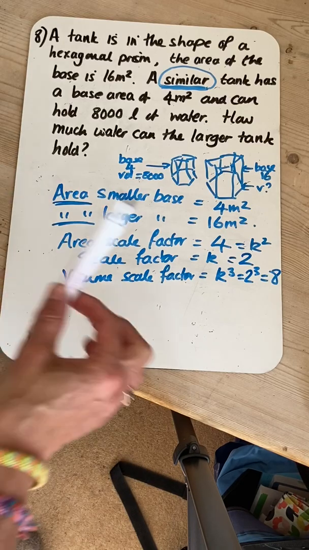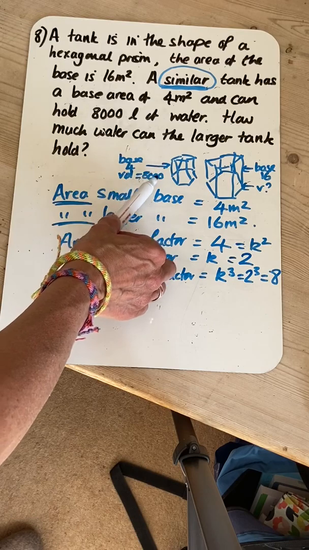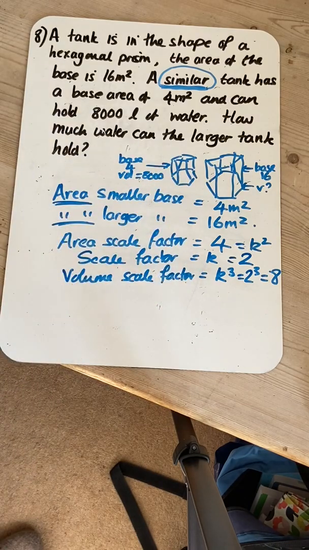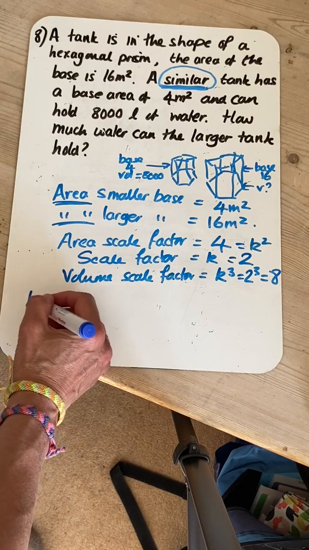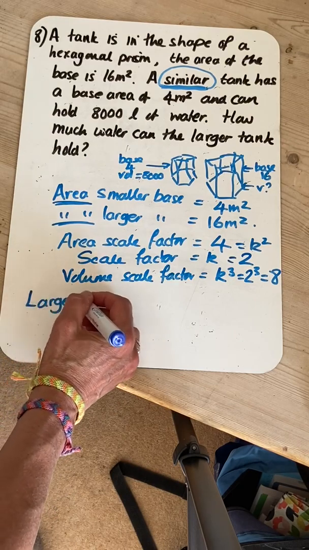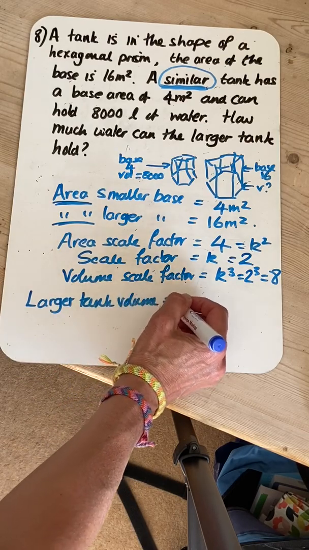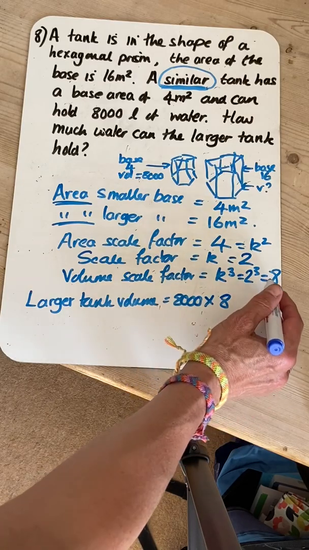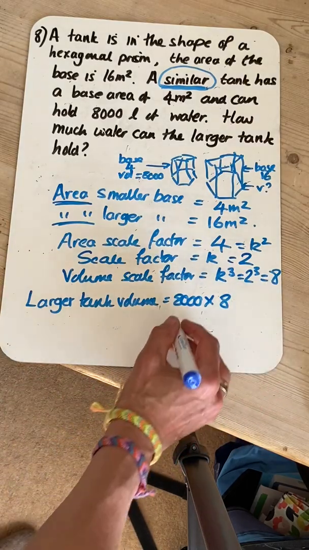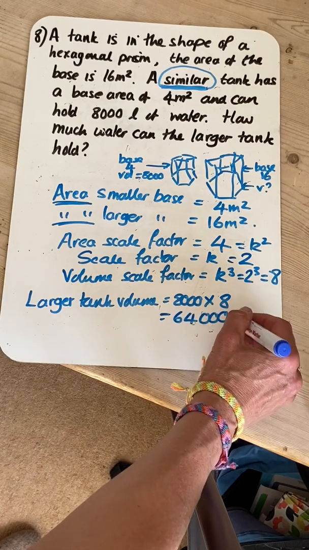So we can apply our volume scale factor to the volume of our smaller tank. Our smaller tank has a volume of 8,000. So our larger tank volume is going to be that 8,000 multiplied by the volume scale factor of 8, which gives us 64,000, and what are we measuring in?